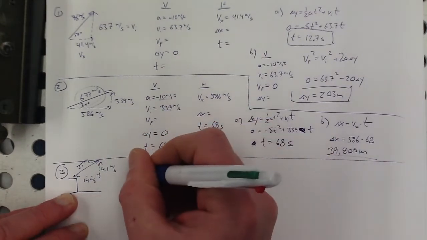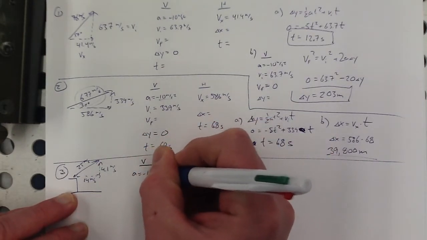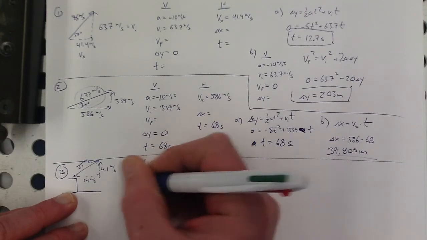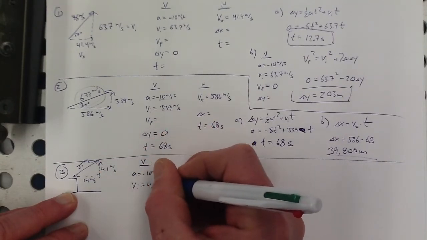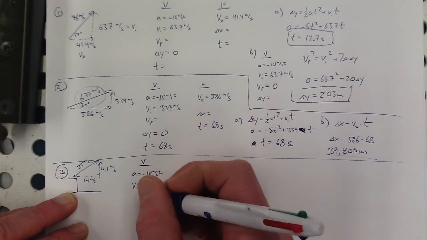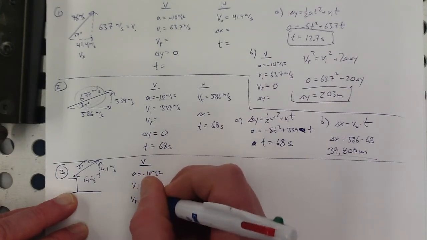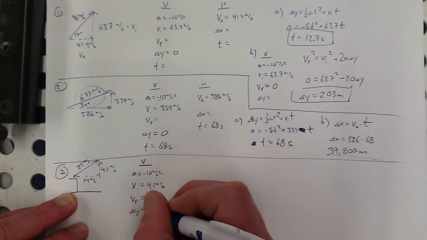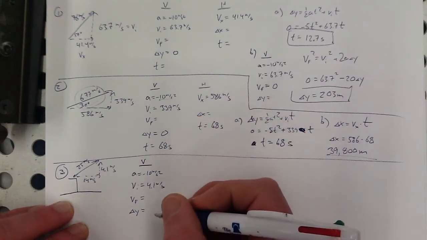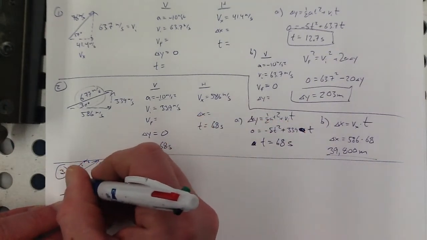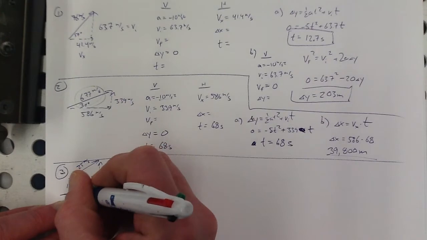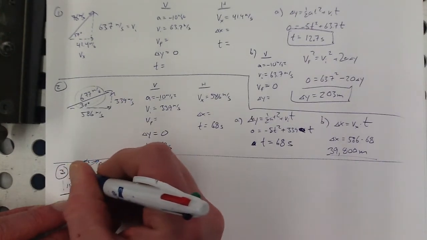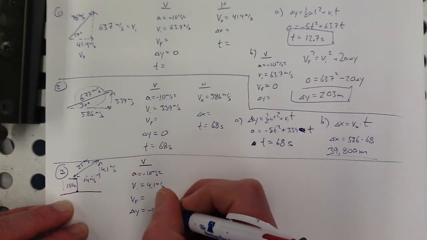In the vertical direction, I've got my acceleration. Initial vertical velocity is 4.1. VF, don't know. Delta Y is, this is 150 meters tall, and it's going down. The football is going from here to here, so got to watch out.